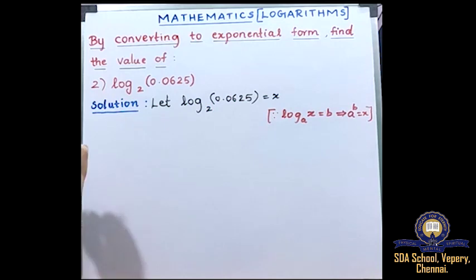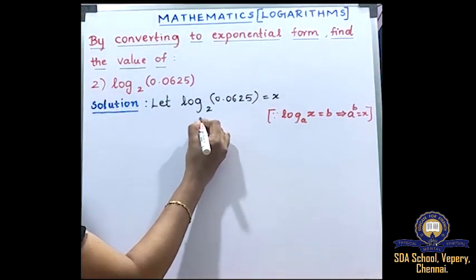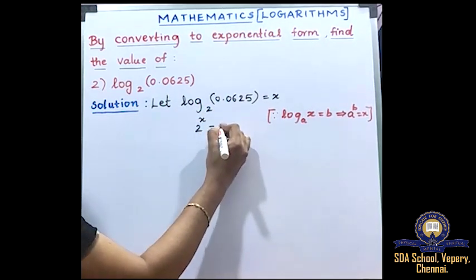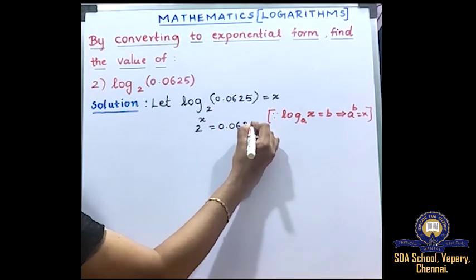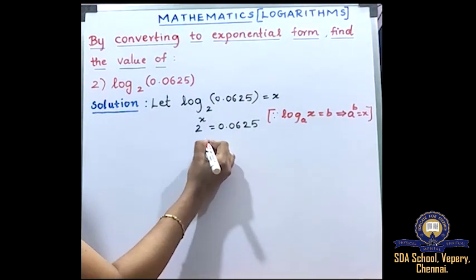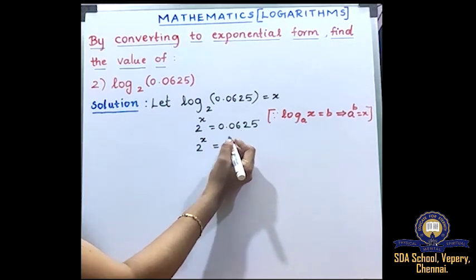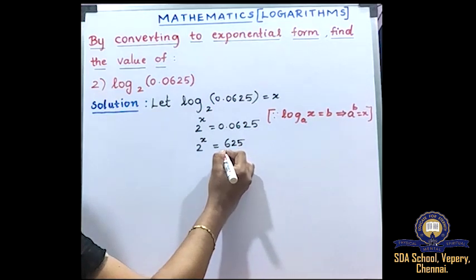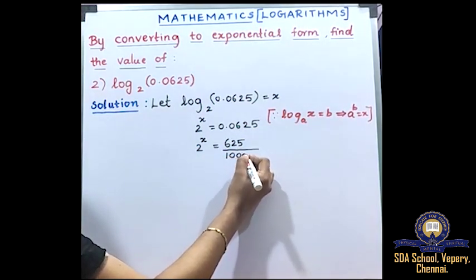So according to the definition, here a value is 2, so 2 power b, where b value is x. 2 power x equals, x value is 0.0625. Okay, now write this 2 power x as such. This 0.0625 can be written as 625 by 10,000, right?